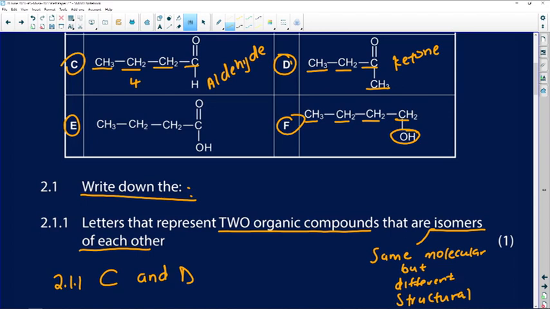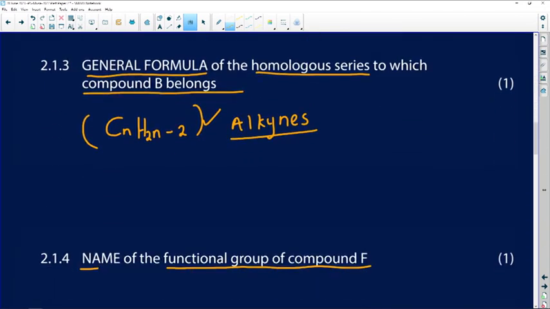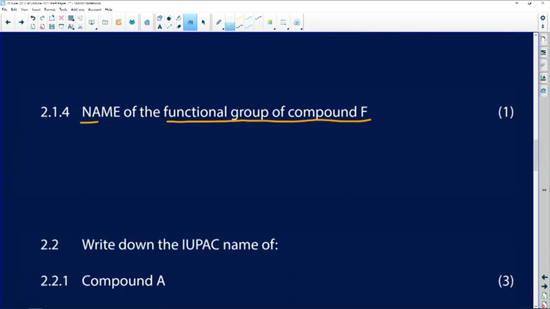Now, an OH is an alcohol, but they are looking for the functional group of alcohols, which is the hydroxyl group. So our answer for 2.1.4 is the hydroxyl group, because it is an alcohol. Don't forget, you were not asked about the homologous series, but about the functional group. It is the hydroxyl group.